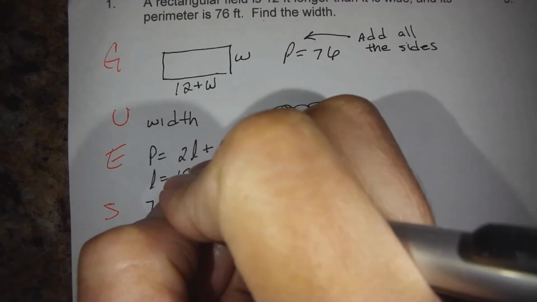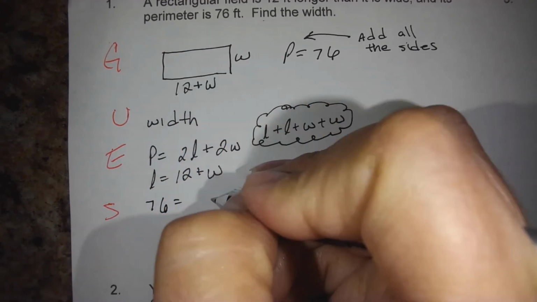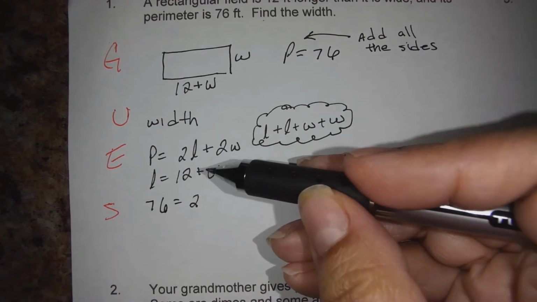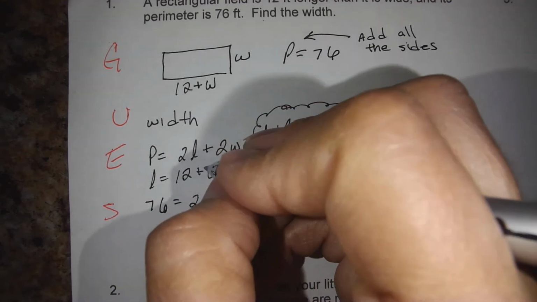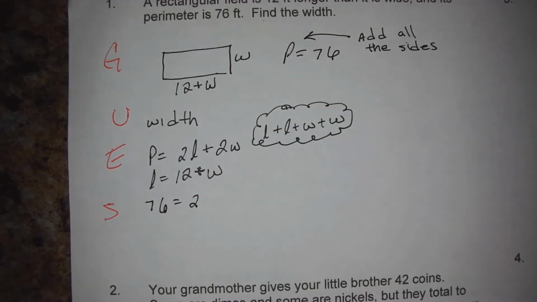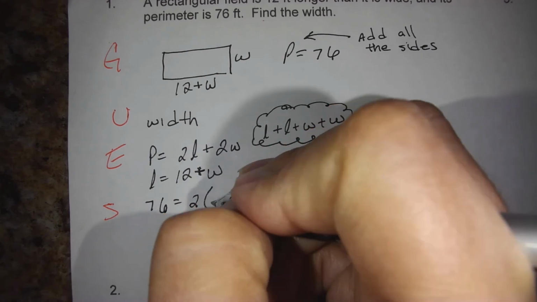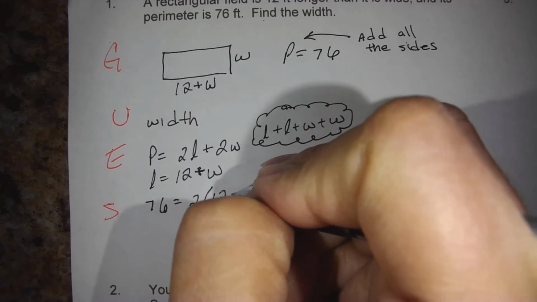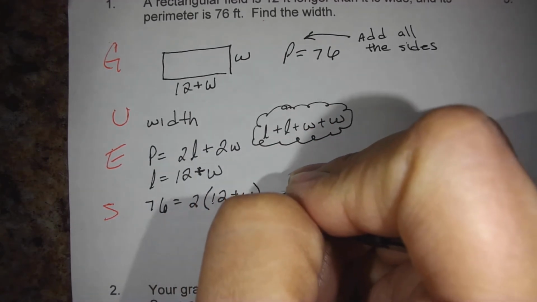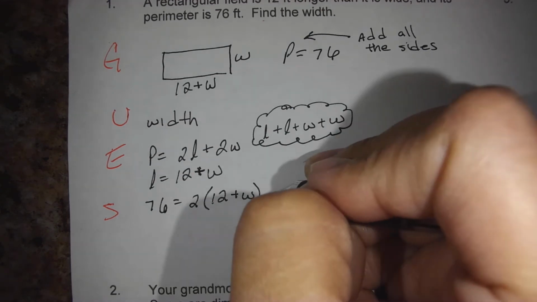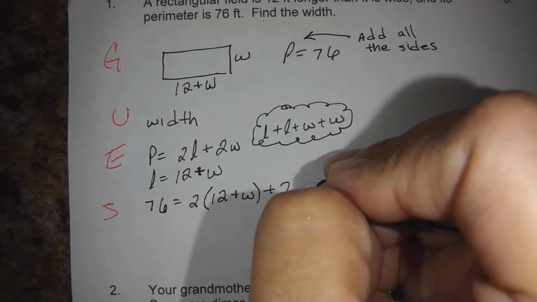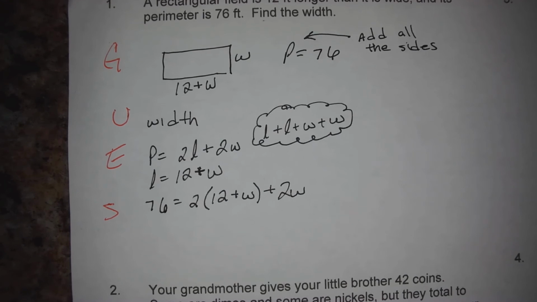So 76 is twice the length, which is 12 plus W, and I substitute that in, added to 2W, to start solving.